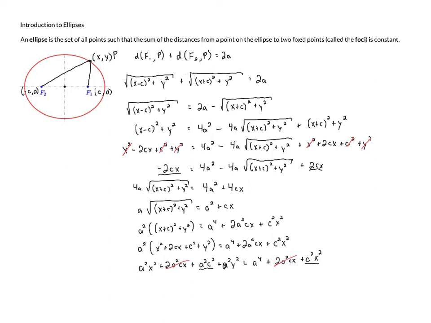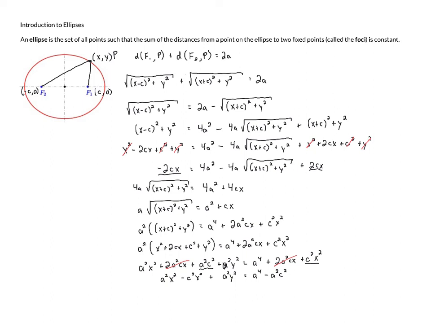So if we do that, on the left, we're still going to have the a squared x squared and the a squared y squared. But then on the right, we're going to have that a to the fourth minus a squared c squared, because we've moved this to the other side by subtracting it. Then on the left, we're going to have minus c squared x squared.